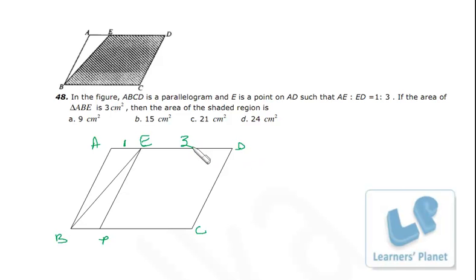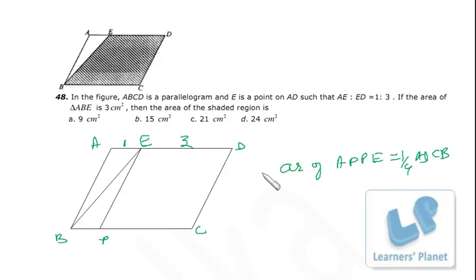The base of the original parallelogram is 4 part, and the base of this is 1 part, so it is actually 1/4 of the original parallelogram, right? That means the area of this parallelogram ABPE will be 1/4 of ADCB.